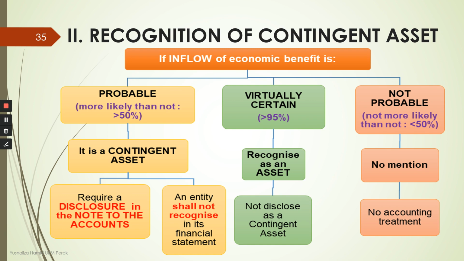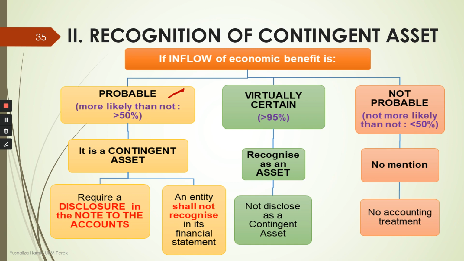This is a summary of the inflow of economic benefit that is associated with contingent asset. If you look at the first diagram here, we will disclose the contingent asset in the notes to the account if the occurrence or the likelihood is probable. Probable here means more likely than not, which is more than 50%.